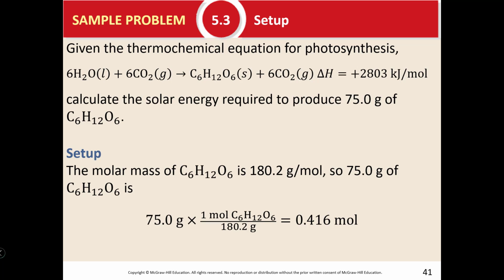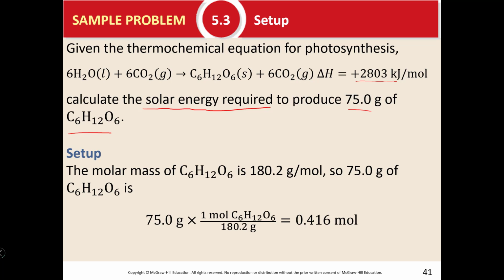But here's the reaction, and it's an endothermic process, positive 2,803 kilojoules per mole. So what they want to know is how much solar energy is required to produce 75 grams of this sugar.